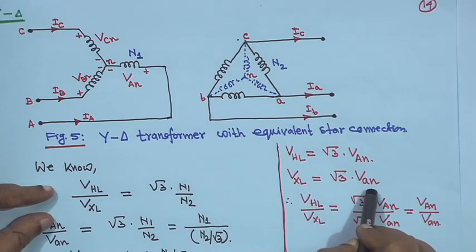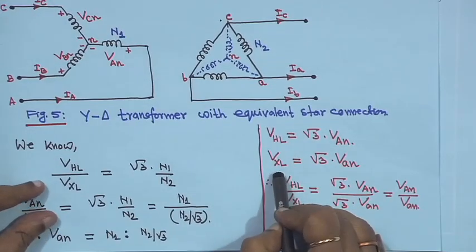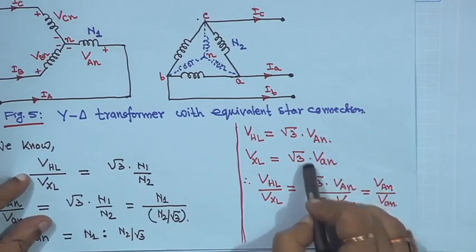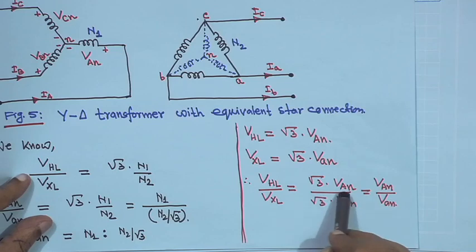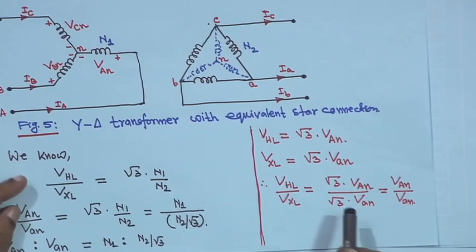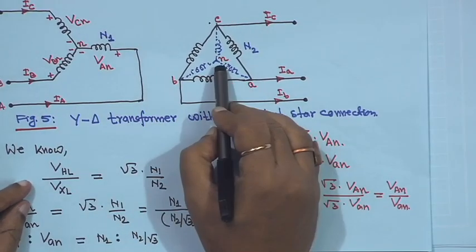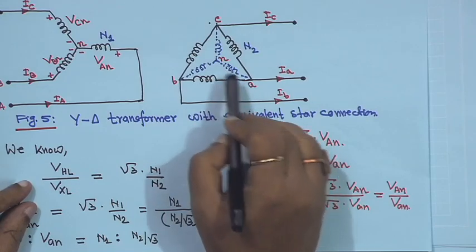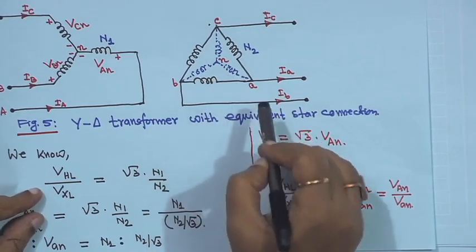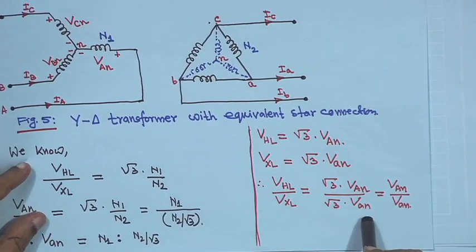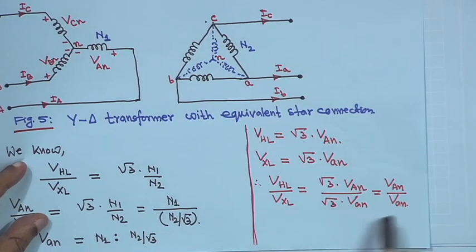Therefore VHL upon VXL is equal to root 3 Van divided by root 3 van, where capital Van is the phase voltage of the star side and small van is the phase voltage of the equivalent star converted from the delta. Root 3 will be cancelled, so it is equal to capital Van upon van.